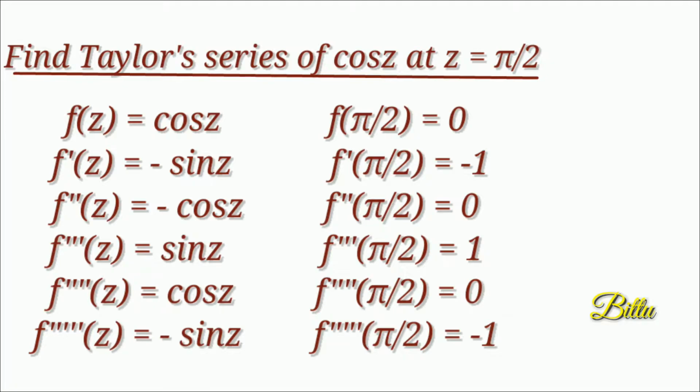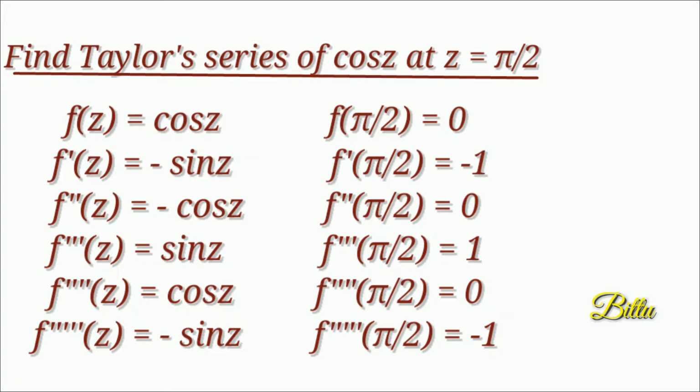Now we got only one non-zero term, which is f' of pi by 2, minus 1. Whenever we give the expansion of a function in the form of an infinite series, we must mention at least 3 non-zero terms in the series. So here we have to find at least 3 non-zero values among the successive derivatives of f at pi by 2.